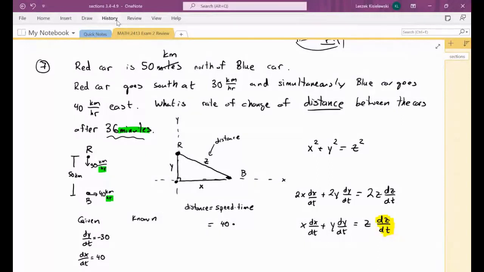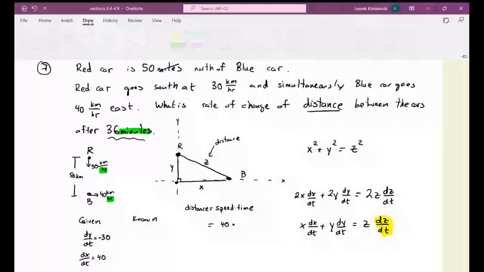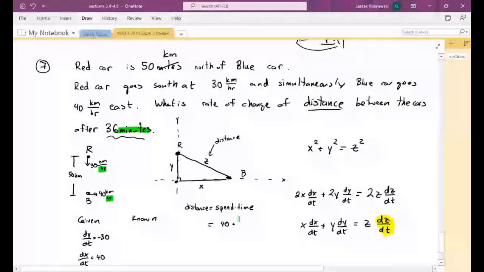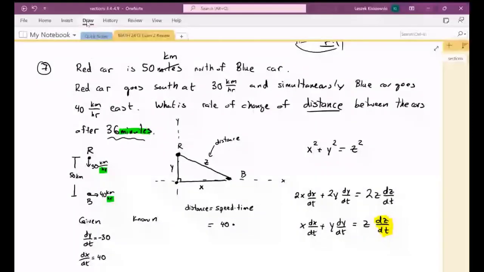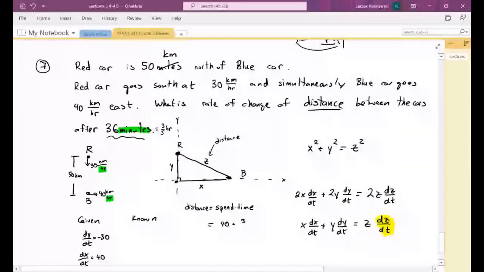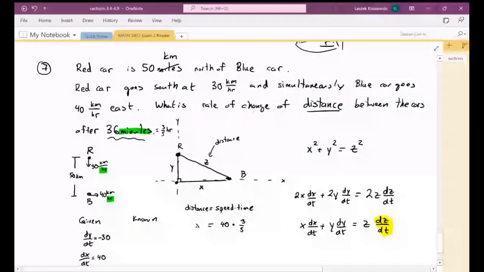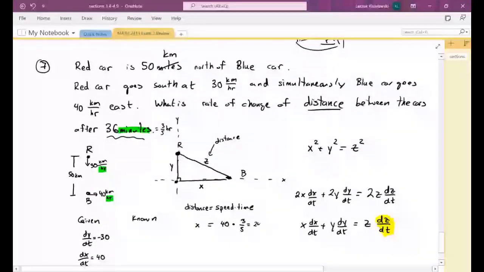So 36 minutes is equivalent to 3/5 of an hour. So that will give us x. That's going to be 24. So they traveled 24 kilometers.